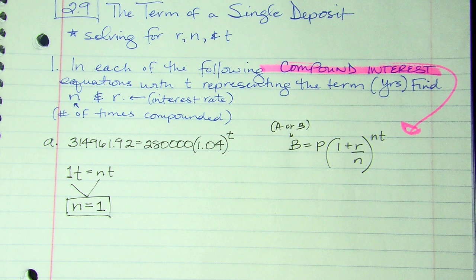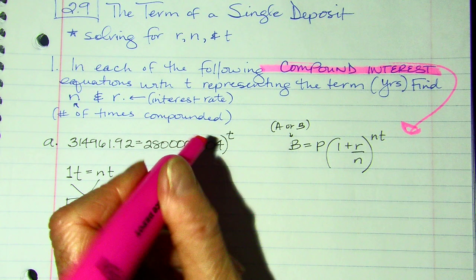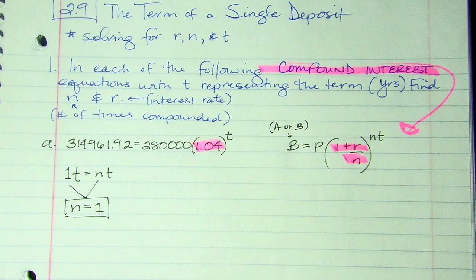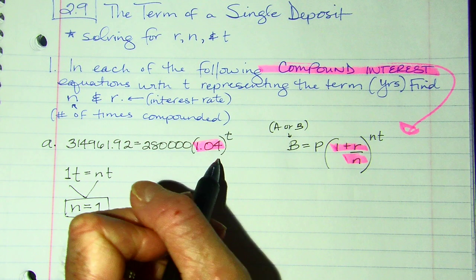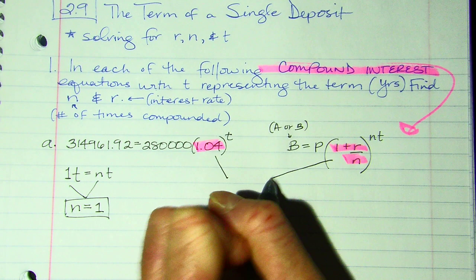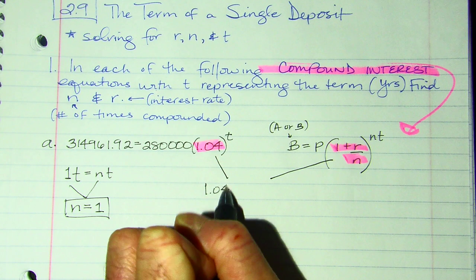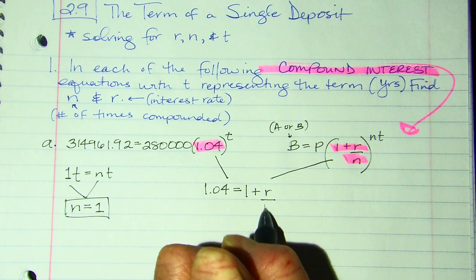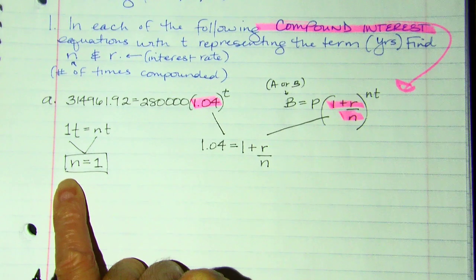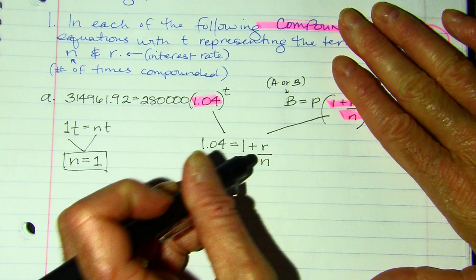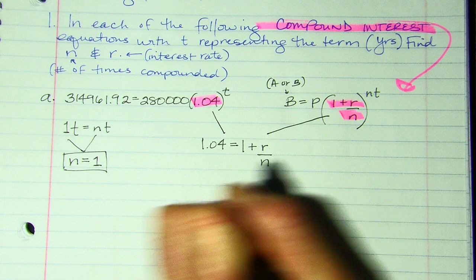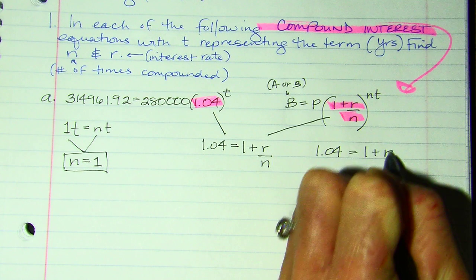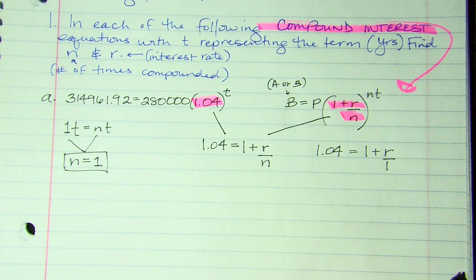Okay, now I know that this part right here has to equal this part. So I'm going to set them equal to each other. I know that 1.04 must equal 1 plus my rate divided by n. Now we just found n, right? n is 1. So I'm going to plug that in. So 1.04 equals 1 plus r divided by 1, which is just r.